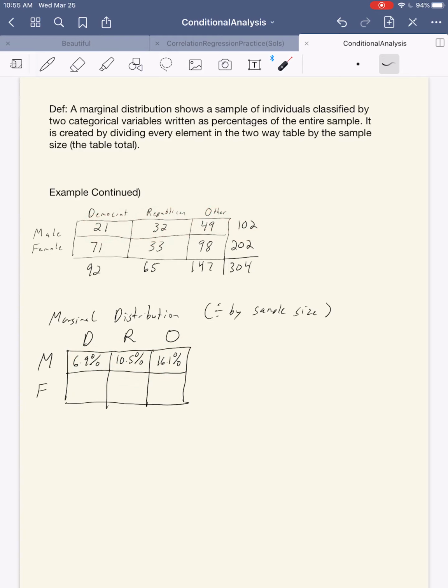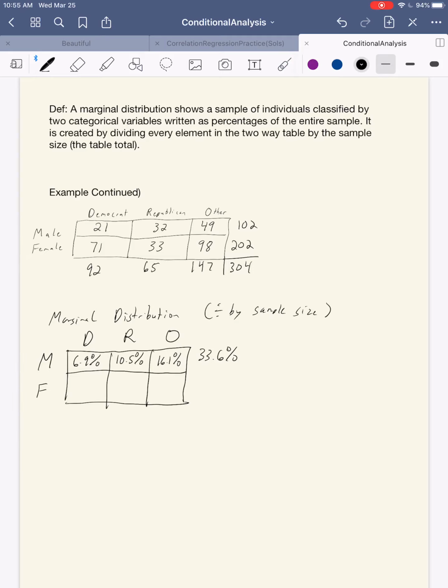Either way will work. I'll just do the division. 102 divided by 304 should give you 33.6%. If you added them, you'd get a slightly different value, 33.5%, but that's just rounding, not anything being off.